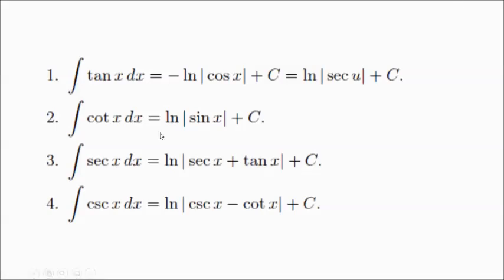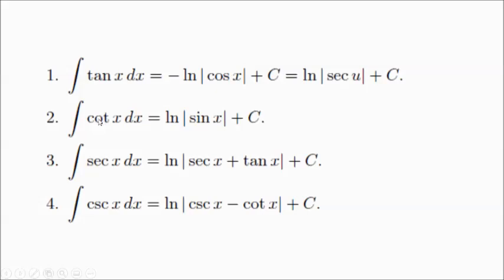Okay, you can actually get or derive yung mga kung paano nakuha ito. Cotangent is, di ba, tangent is sine over cosine. And tangent is kabaliktaran lang ng cotangent.